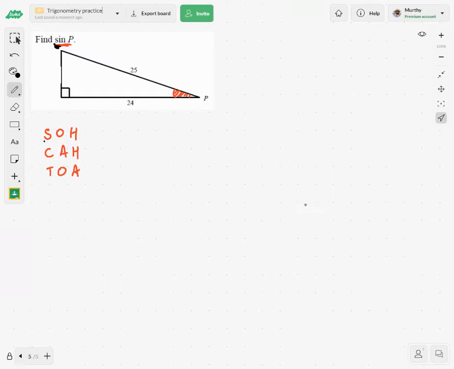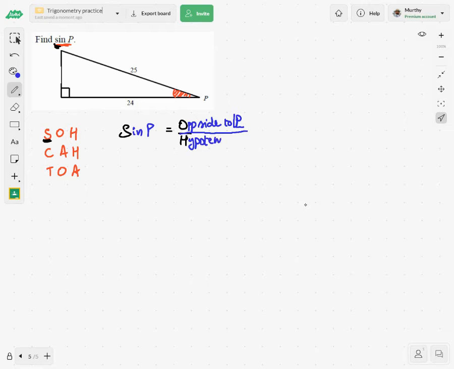Sine starts with S. Therefore, sine equals O over H. Therefore, sine P equals the opposite side to angle P over hypotenuse.